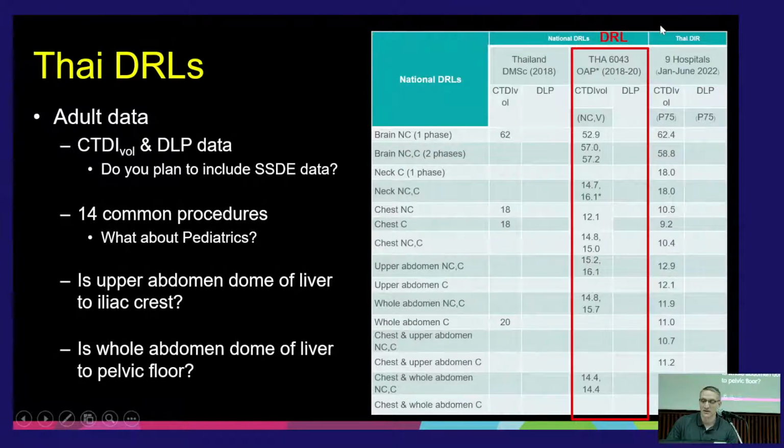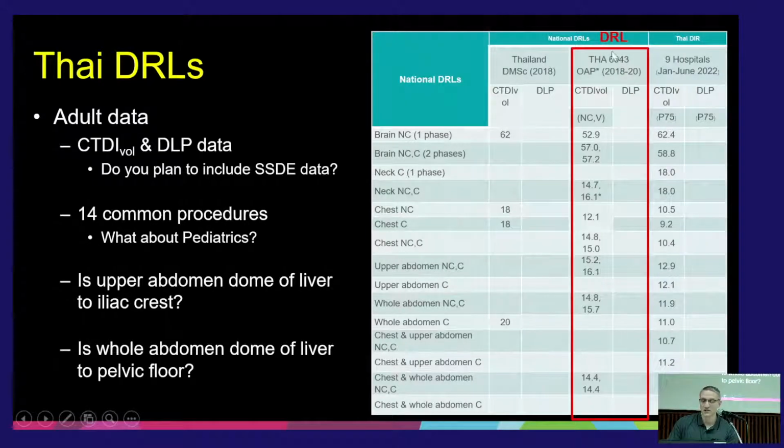And then in the report that Nepal provided for me, they compared the dose values from the 9 hospitals currently participating in the Thai DIR. So a couple of questions that I wanted to start this process. Looking at this as a snapshot, the first thing we see is the 75th percentile.